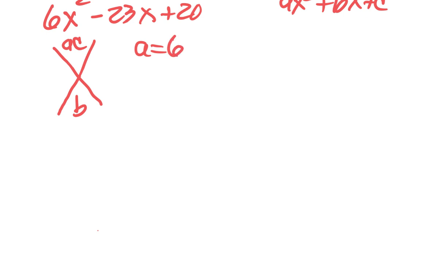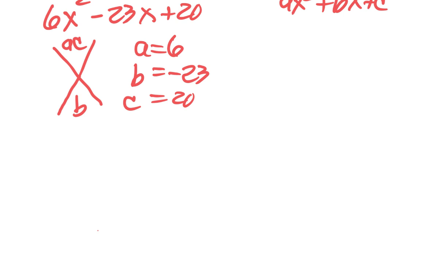That's going to be 6. B is going to be the number in front of x. Remember that negative sign. Negative 23. And then c is a number all by itself. So c equals 20.